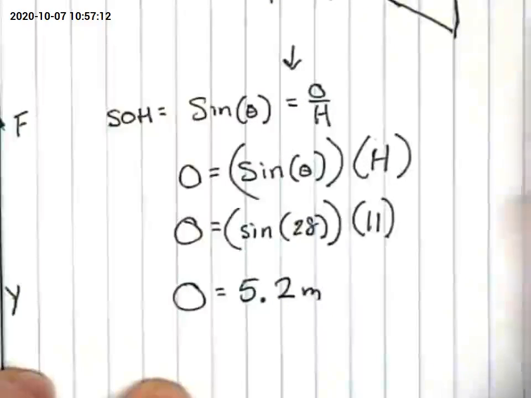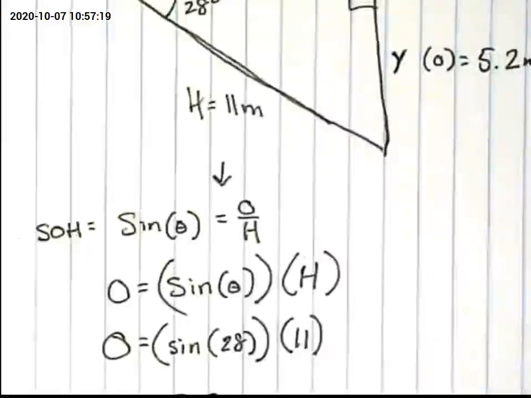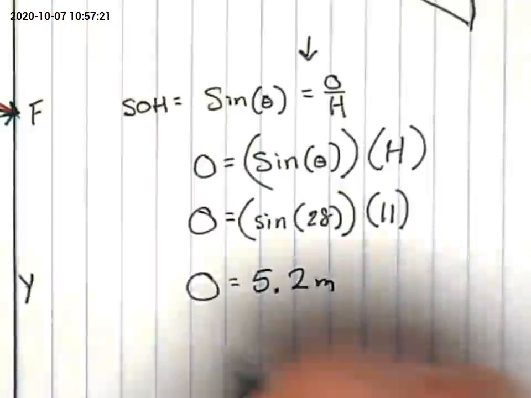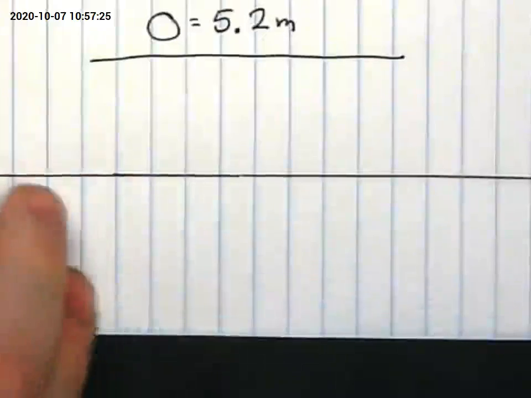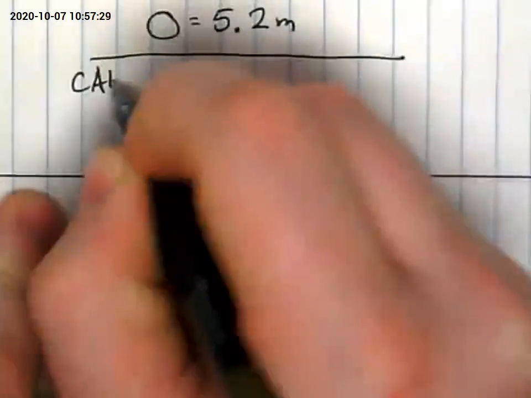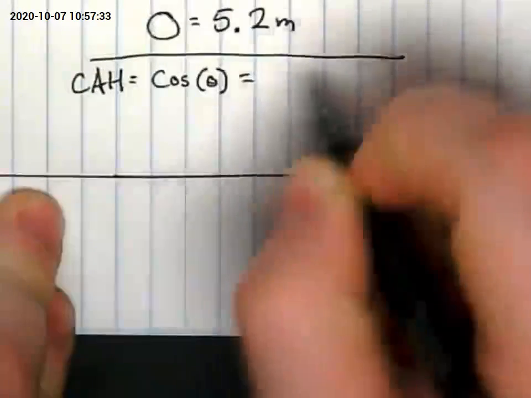I just wrote 5.2 meters up here in the triangle. Okay, so we've got that. So now we can then solve for, below this, we can then solve for our adjacent, which is going to be cosine of theta, is equal to adjacent over hypotenuse.